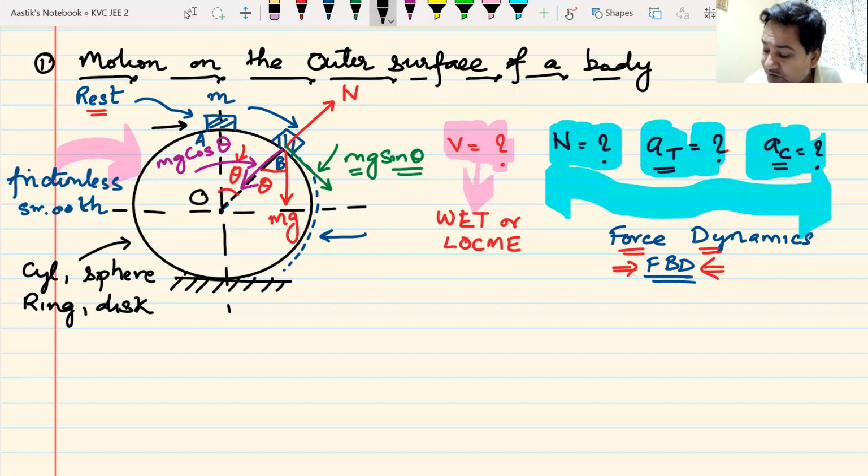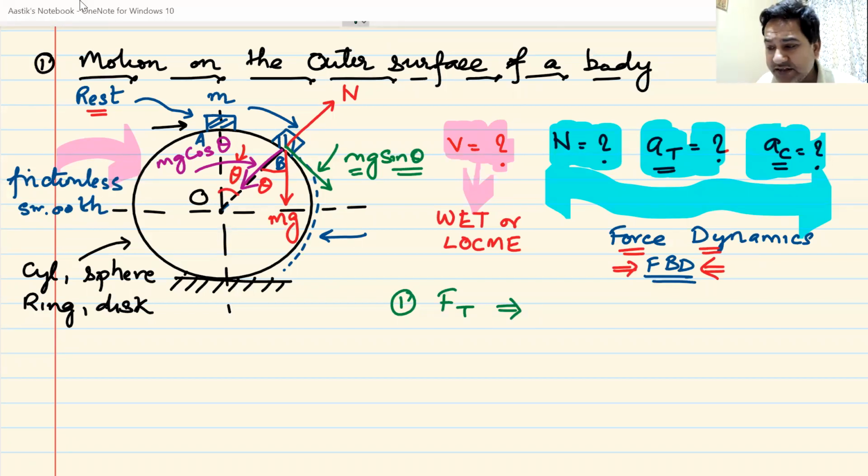My first equation is the equation in the tangential direction. Equals Ft. How much is Ft here? Tangential force. Everyone can see this in the diagram. That is why diagrams are so important in physics.